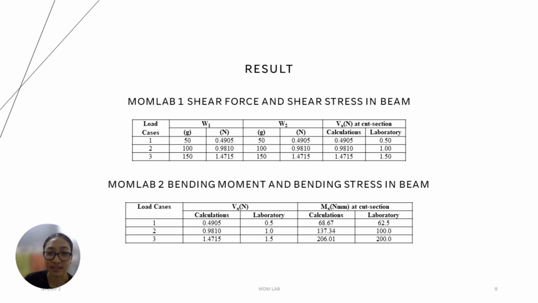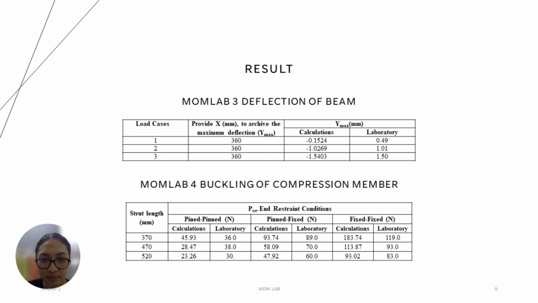In terms of the results, there are slight differences. As you can see, for the first lab, between the calculation and laboratory obtained results there's a 0.01 difference. It applies the same to the second lab. In the third lab, you can also see a slight difference between the calculated and the lab obtained results.